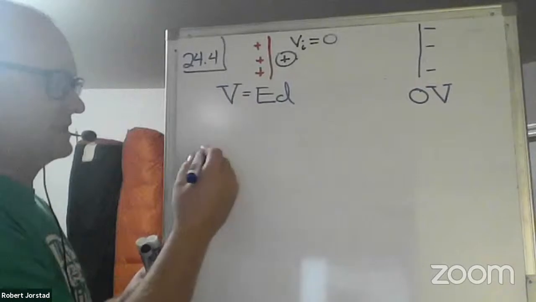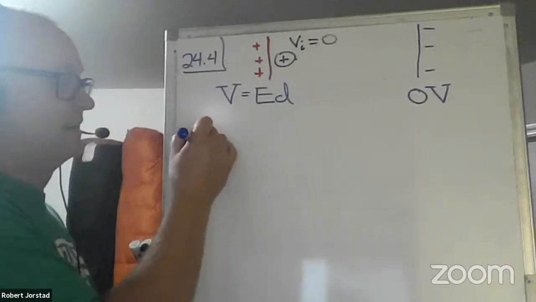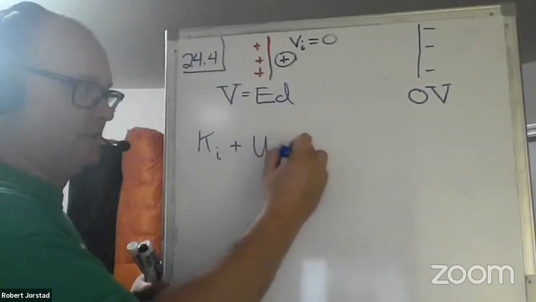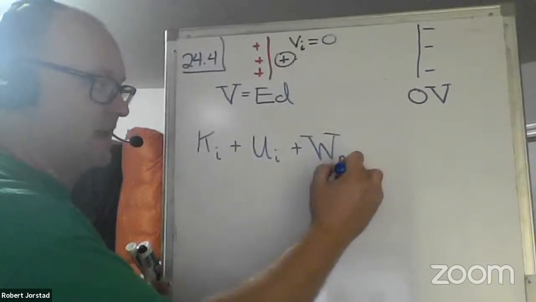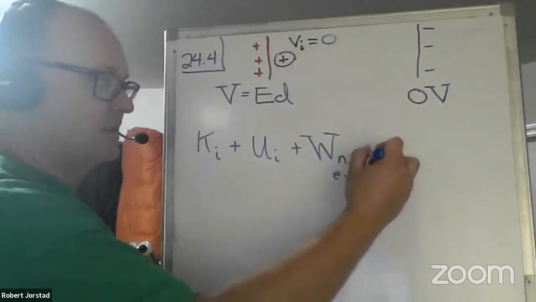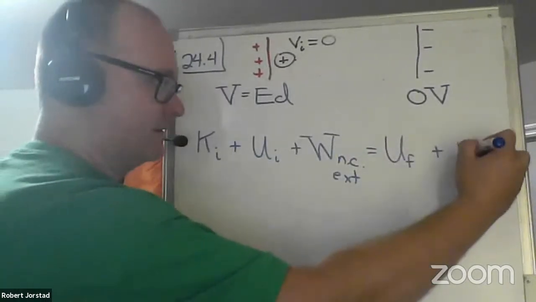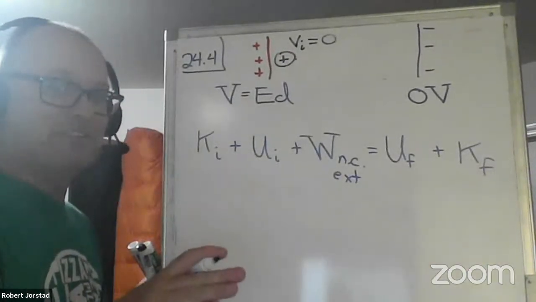Now, watch this. I could do this problem this way. I could say K initial plus U initial plus work done by non-conservative and external forces equals U final plus K final, right? And that's what I wanted to show you today.